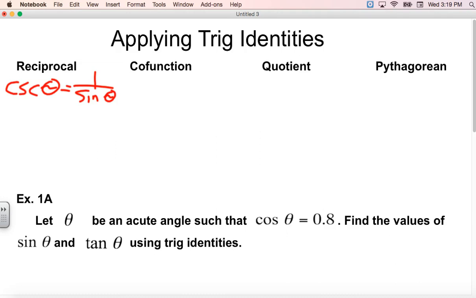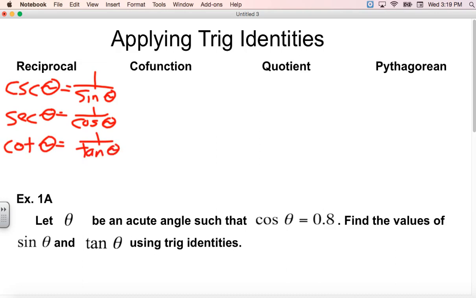So it's just you flip it upside down or put 1 divided by sine to get cosecant. And same thing with secant. Secant is 1 divided by cosine, and cotangent is 1 divided by tangent. And this goes the opposite way also. Sine of theta is also 1 divided by cosecant, and cosine is 1 divided by secant, and tangent is 1 divided by cotangent. So those are your reciprocal identities.